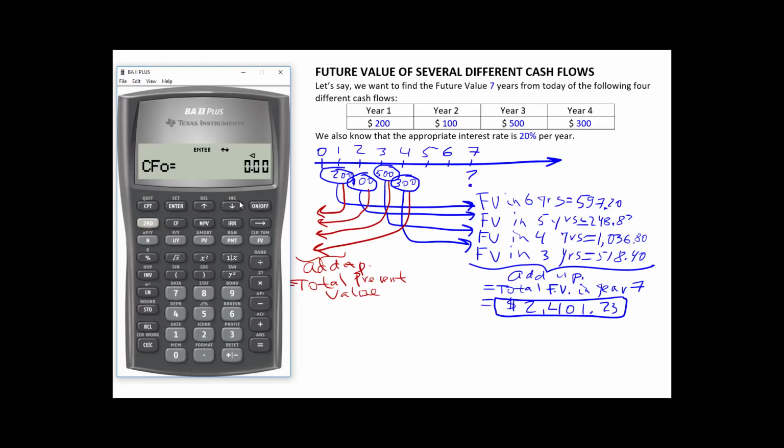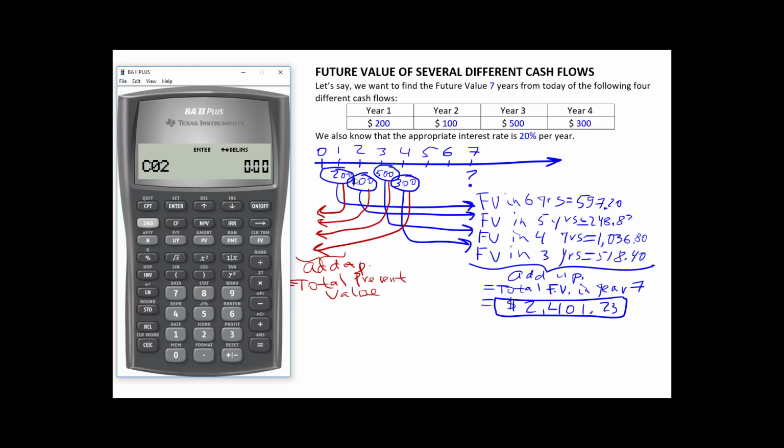I press enter and the down arrow key. Then cash flow 01, the first cash flow in the future, that's $200. I press 200, enter, down. Frequency of it is 1, and we want to leave it at 1 because we don't have additional $200 consecutively in the future years. So I press the down arrow key again.